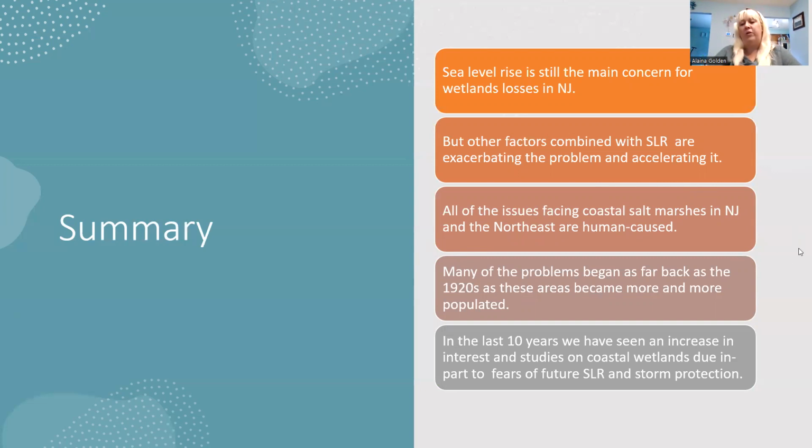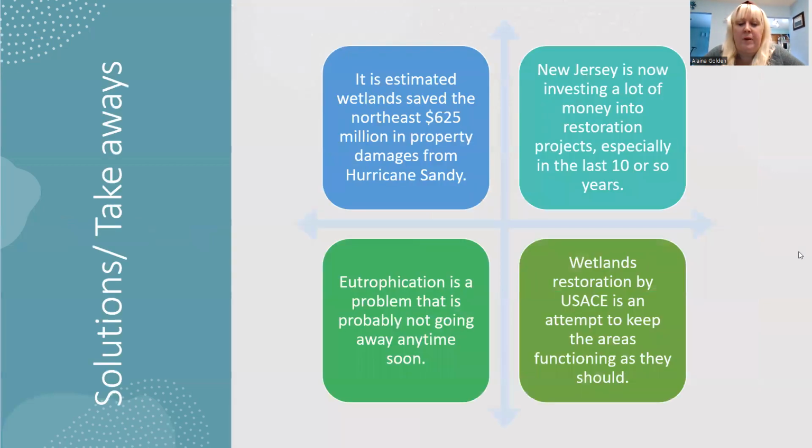We have seen an increase in interest and studies on coastal wetlands due in part to the fears of future sea level rise. I'm going to talk briefly about Hurricane Sandy, as you guys know. So Hurricane Sandy devastated the Northeast, but they did a study and they had some estimations that wetlands actually saved the Northeast about $625 million in property damages from Hurricane Sandy.